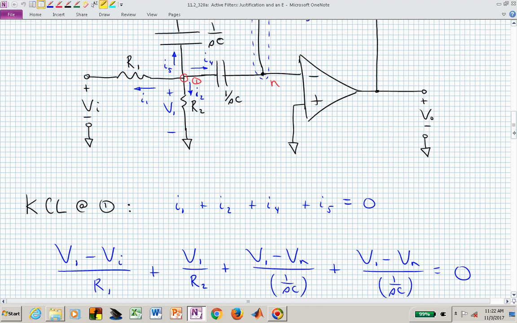Now what we have is V sub 1 minus the voltage at node N, which I could just say is V sub N. That's this particular voltage. But look at what that voltage actually corresponds to.